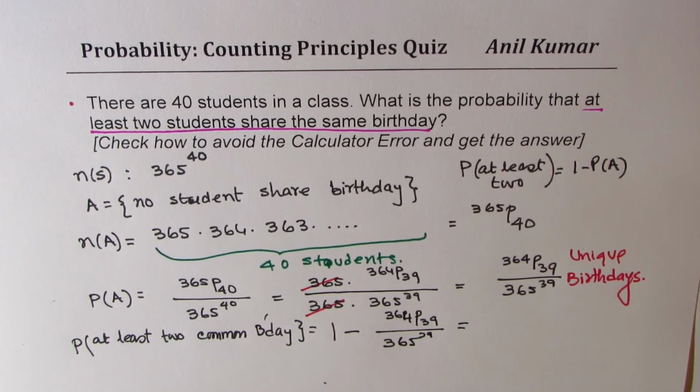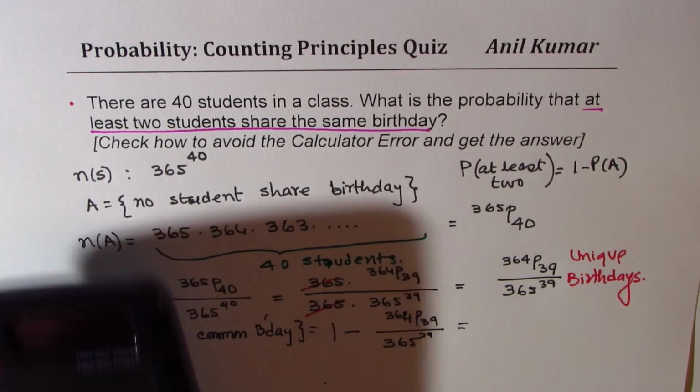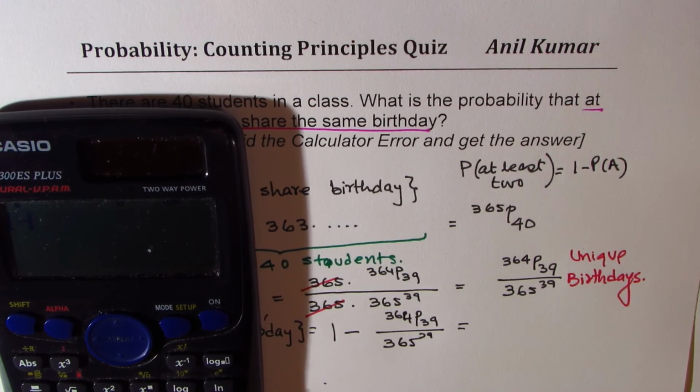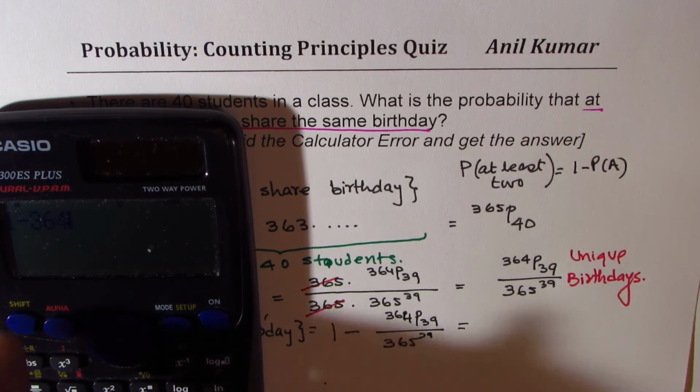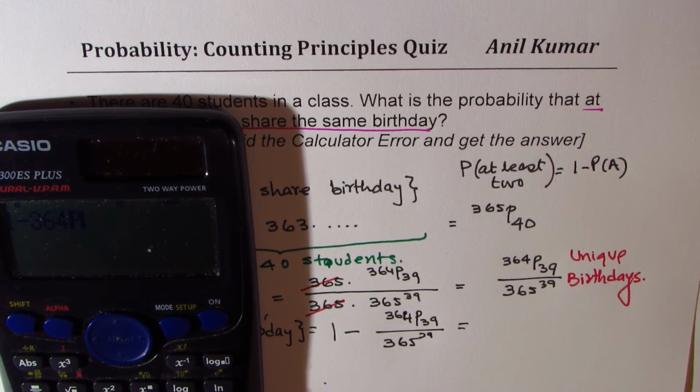So that is what it is. So let's calculate everything in one shot. So we get 1 minus 364 P 39 divided by 365 to the power of 39 equal to.